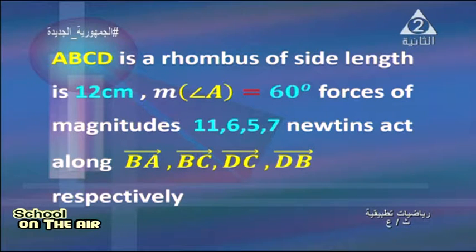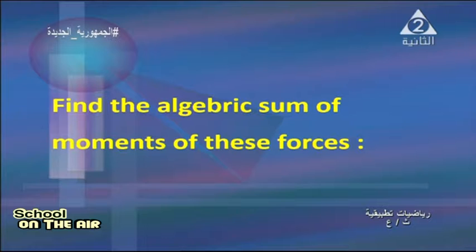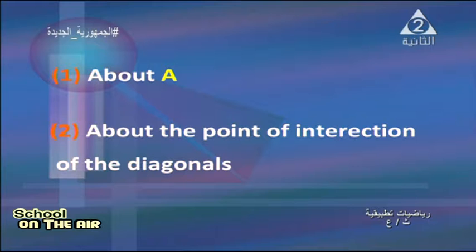The force 11 acts at BA, the force 6 acts at BC, the force 5 acts at DC, the force 7 at DB. What is the algebraic sum of moments of these forces about A, about the point of intersection of its diagonals?